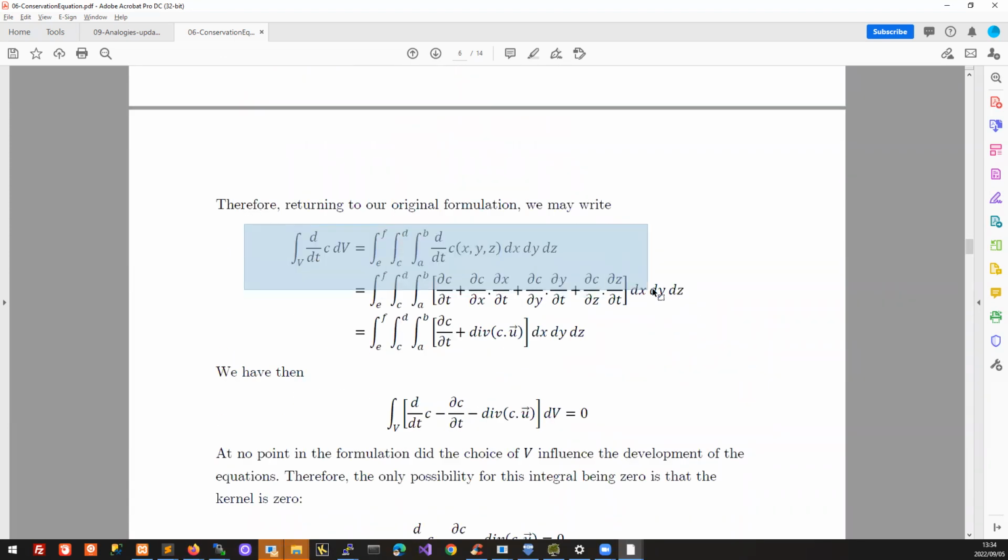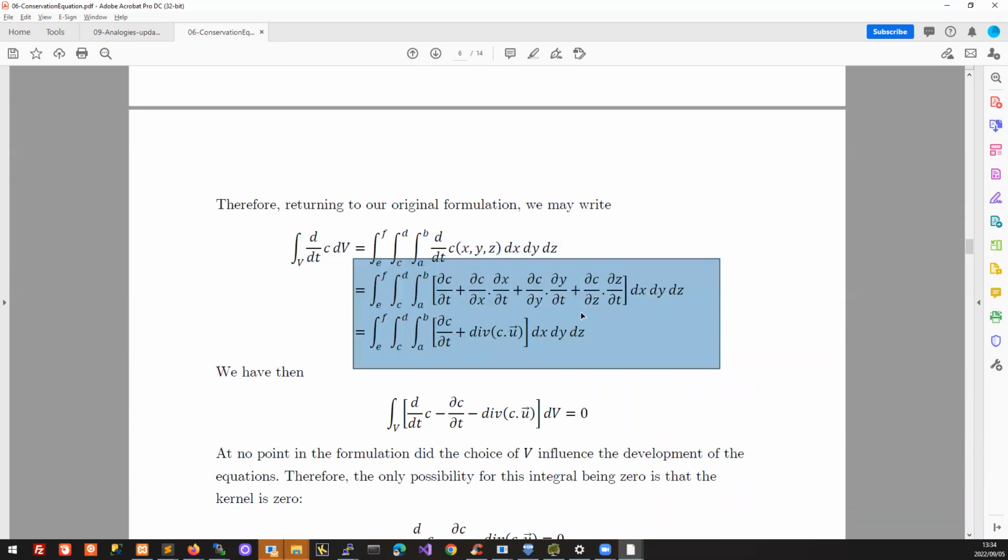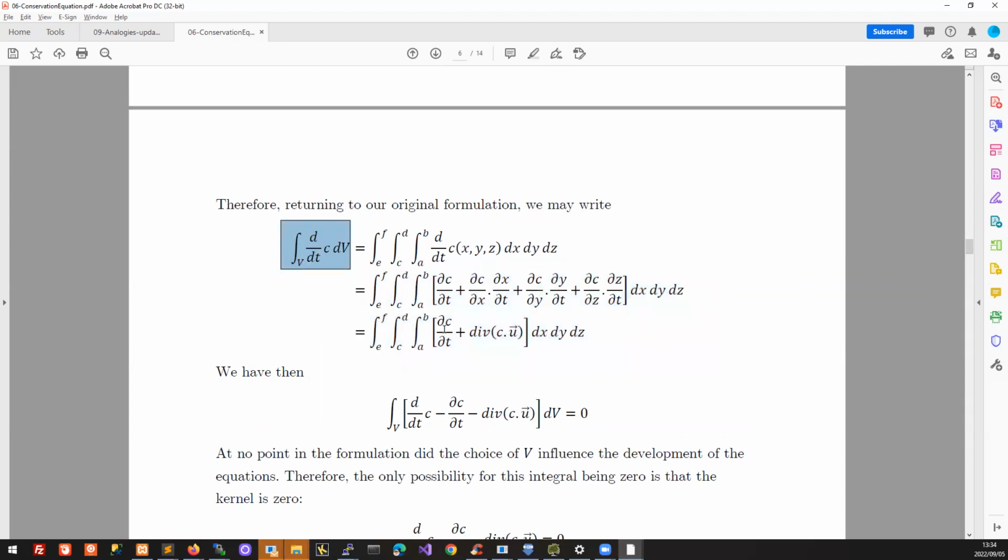And then now if you go back to what we said originally, we've now represented this differentiation more compactly using this divergence form. And now if we take this across, into the integral, and you are integrating on the same volume, this is an integral in volume dV, so you can take this inside that integral.